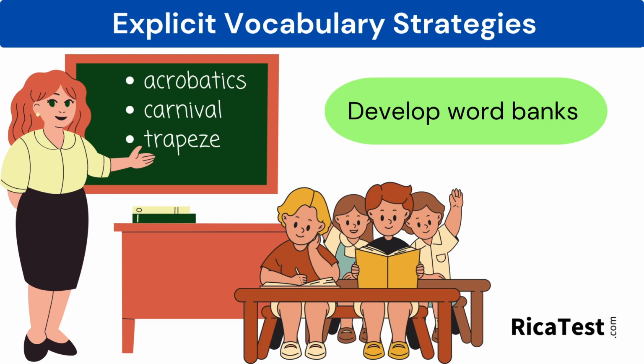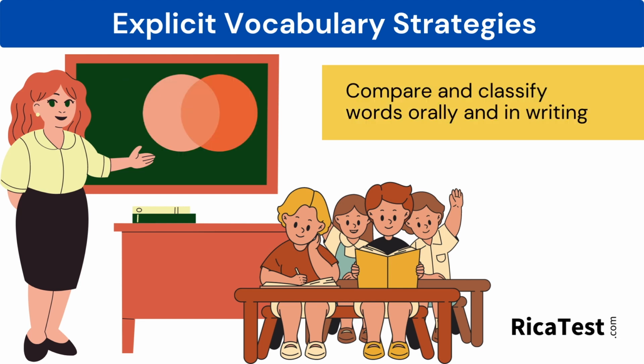Develop and provide word banks. This is especially helpful for English learners and struggling readers. Comparing and classifying words orally and in writing by teaching students visual organizational methods such as the Venn diagram.